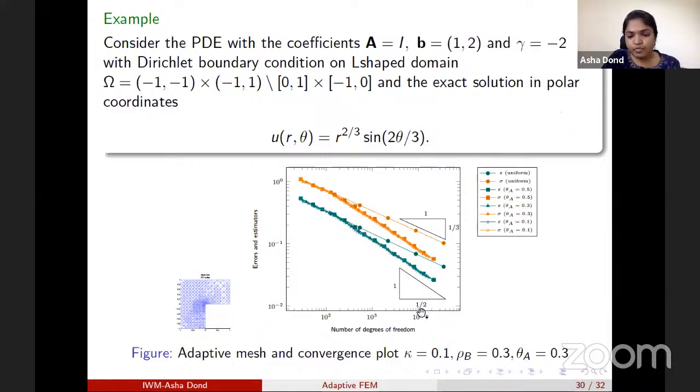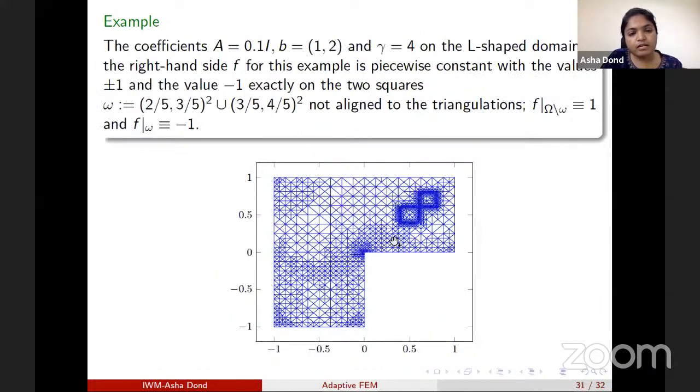Another example is when the data is not so smooth. Here, in this L-shaped domain, we have taken a right-hand side f which has a discontinuity. The function f is 0 over the whole domain, but there are two squares like this which are defined, and this square has function value 1.